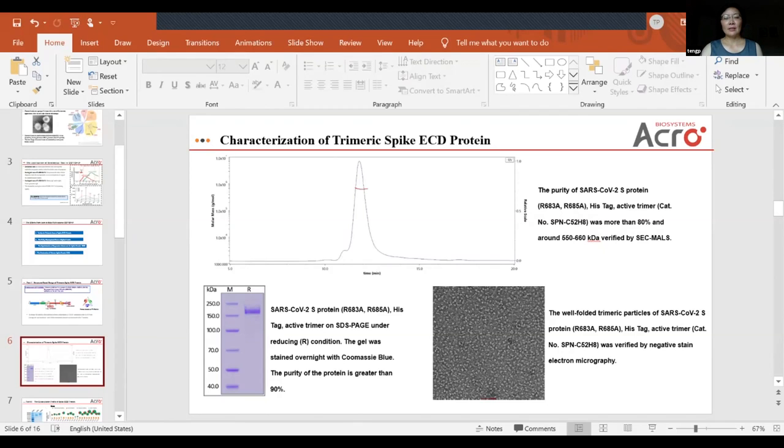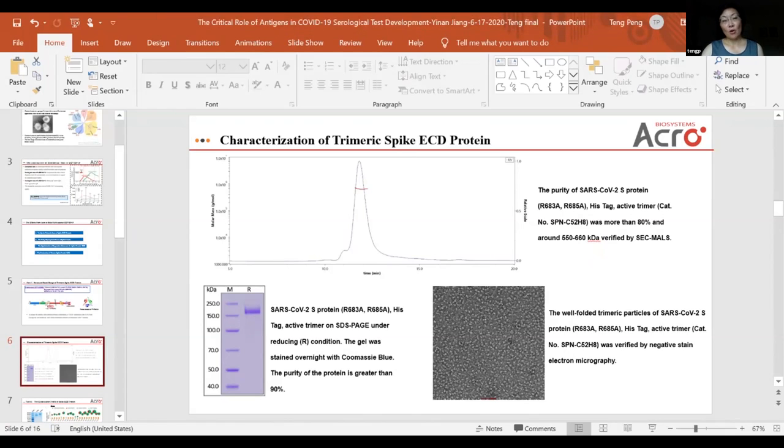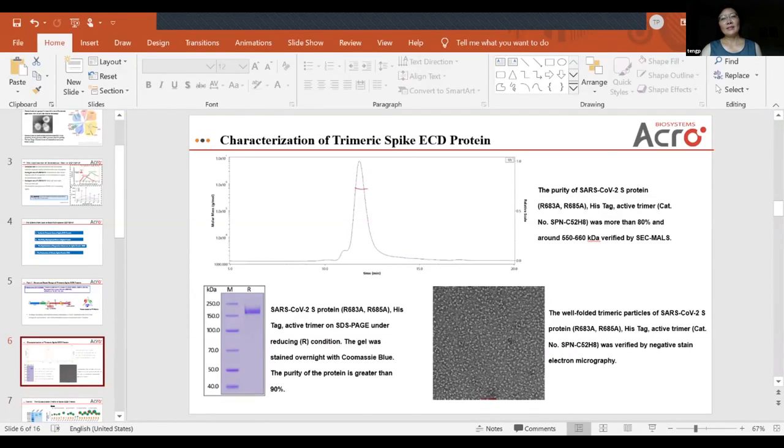Combining those three data, you can see that the trimeric form of the spike extracellular domain protein has high quality with the right trimerization and also with a very uniform trimer population.